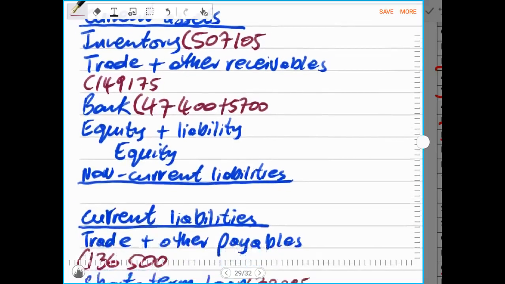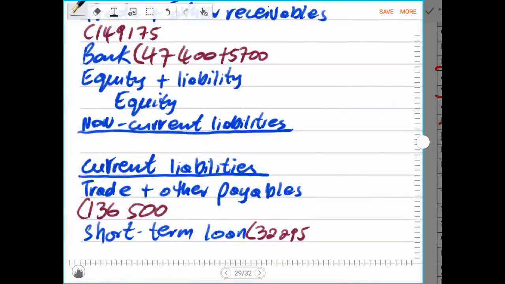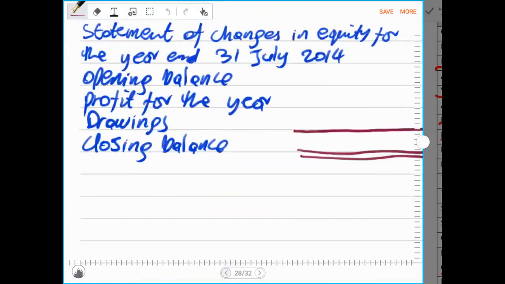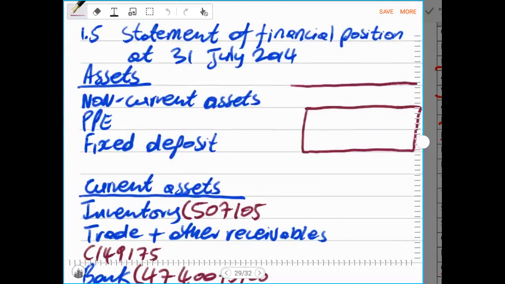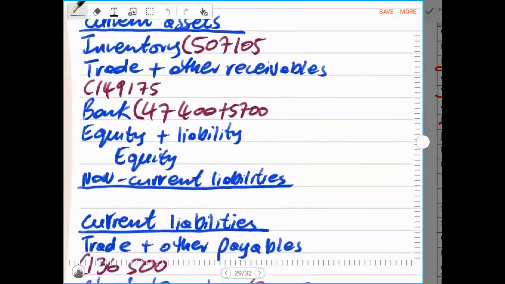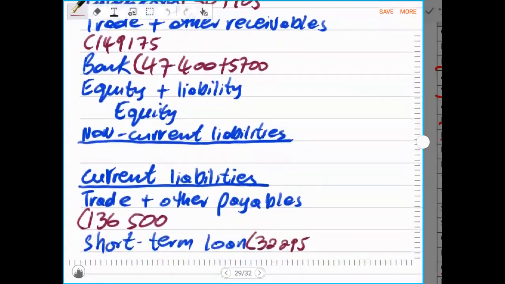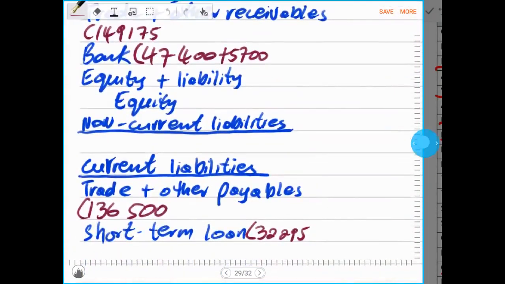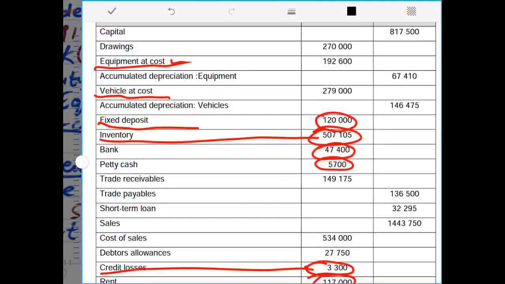Then we go under equity and liabilities. Equity will come from the statement of changes in equity. The amount that we get there will be the one recorded under equity in the balance sheet. Then we come to the long-term loan. We don't have any long-term loan. I've just browsed the trial balance and there was no long-term loan. We only had a short-term loan.